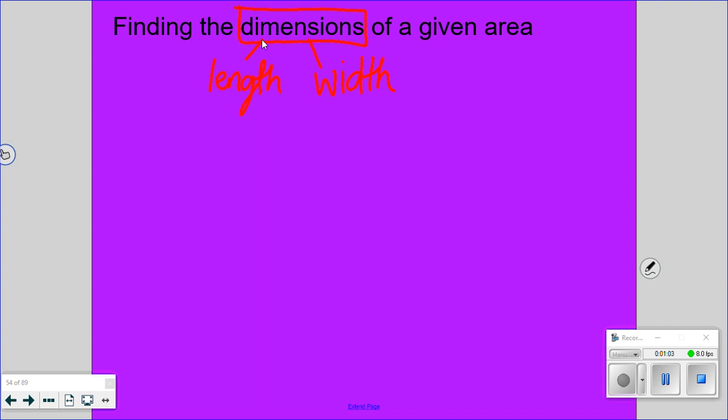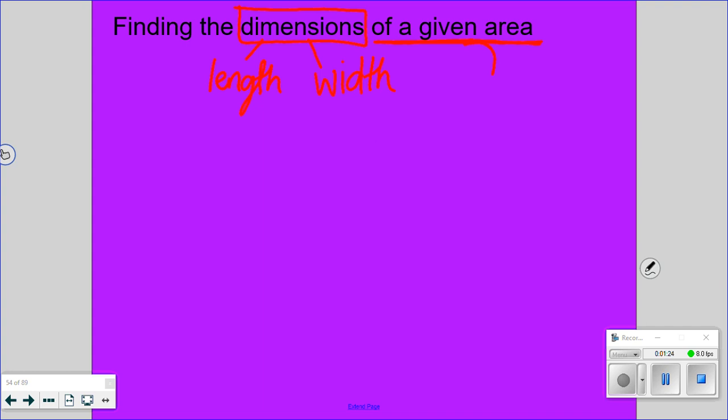Now, the end of this sentence kind of sounds funny. It says, of a given area. Go ahead and just underline that. It does make sense. It's kind of an interesting way to say the area that they give you. Yeah, it's literally what that means.